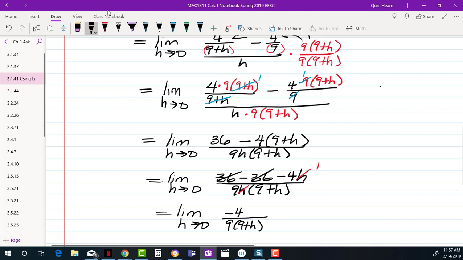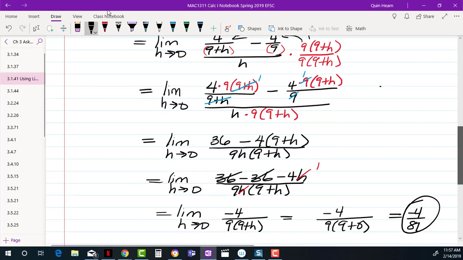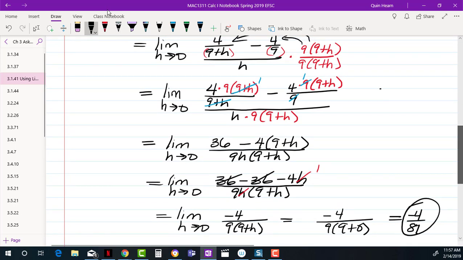And now you notice we no longer have that factor of h in the denominator. That means we can actually try plugging in 0 again. And that will be negative 4 over 9 times 9 plus 0, or negative 4 over 81. So that is the value of the derivative at that particular x value 4.